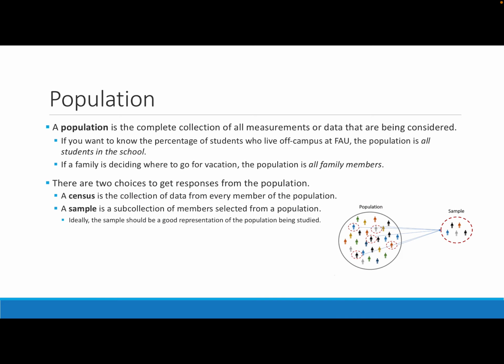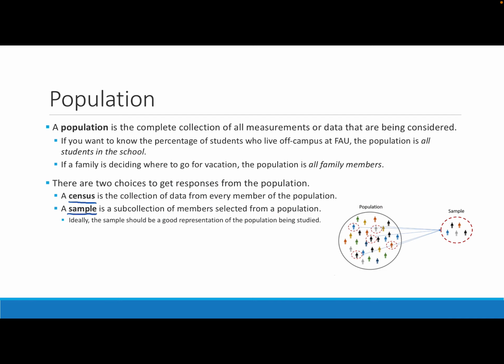But this may not be plausible for the off-campus students example, because you have more than 30,000 students. It will take a very long time to collect the data. So in that case, we may need to do a sample.